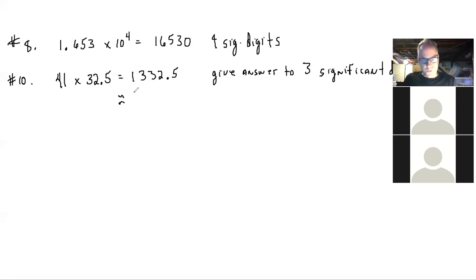So if I give my answer to 3 significant digits, then it would be 1330. Right? And so I do have just 1, 2, 3, and again, remember that 0 after my last non-zero digit but before the decimal point is not significant. And so I would just have 3 significant digits there. Any questions on that one?